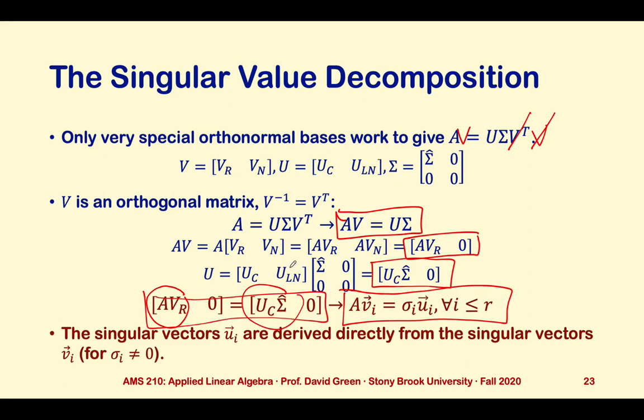The null space piece and the left null space piece are trivially equal to each other because they drop out as zeros.